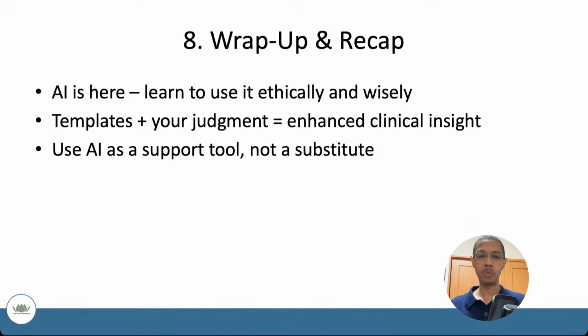So it depends on how it's used, but you always want to be the one that makes the final decision. You wouldn't take whatever ChatGPT or Gemini gives you, or whatever software it's incorporated in, and then go right to the patient with it. You always have to be that main line.